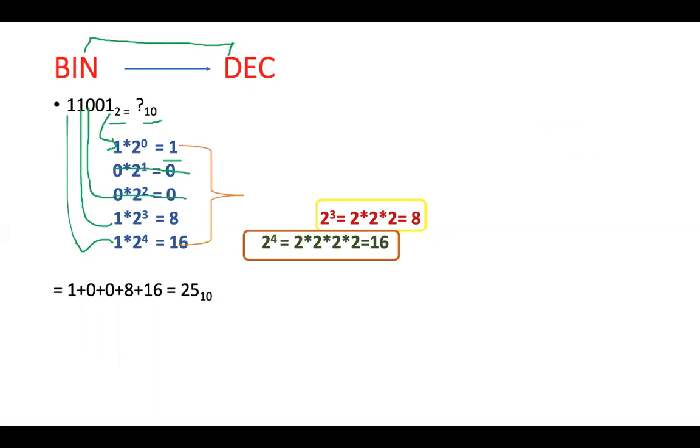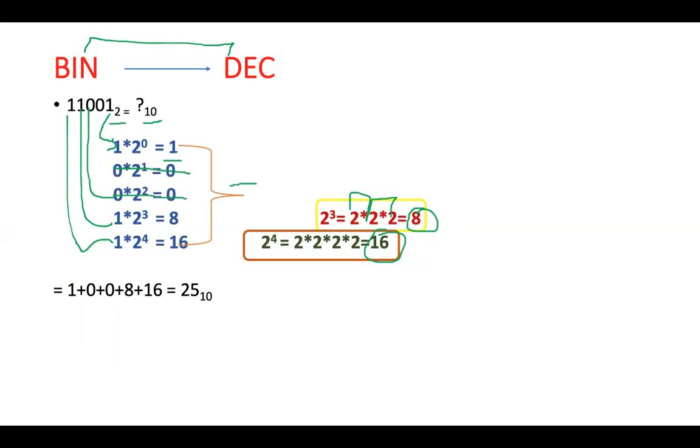2 to the power 3 means 2 multiply 2 multiply 2, and it will equal 8. So 8 multiply 1 is going to equal 8. 2 to the power 4 means 2 multiply 2 multiply 2 multiply 2, and this one is going to equal 16. 16 multiply 1 is going to equal 16.